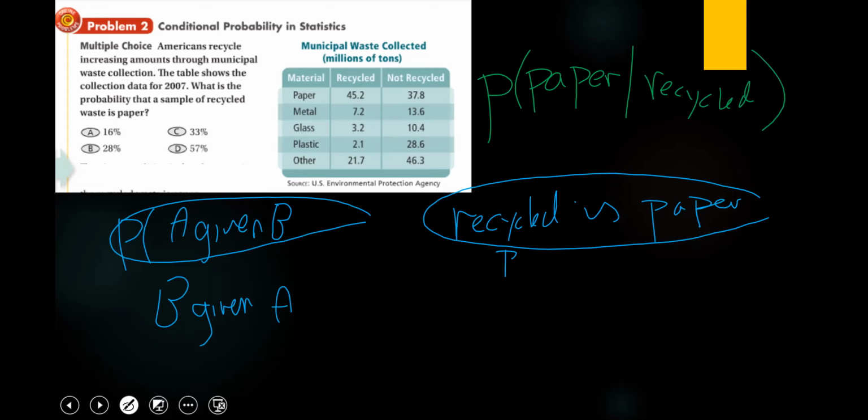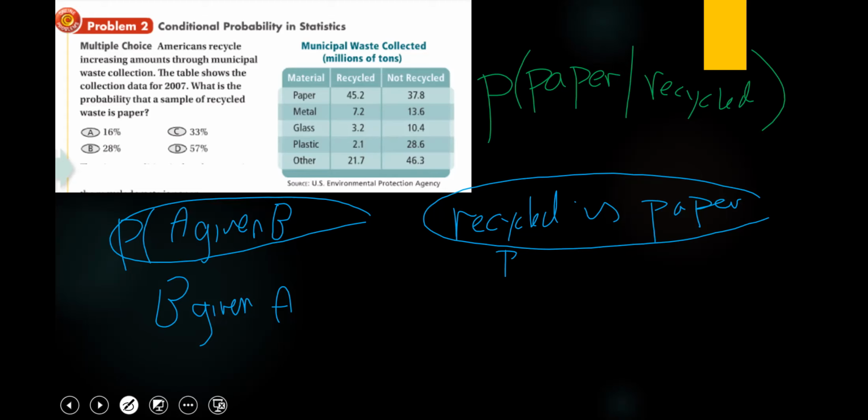So there are two ways to write the probability. We can say, what is the probability of event A given that B occurs? Or what is the probability of B given A?